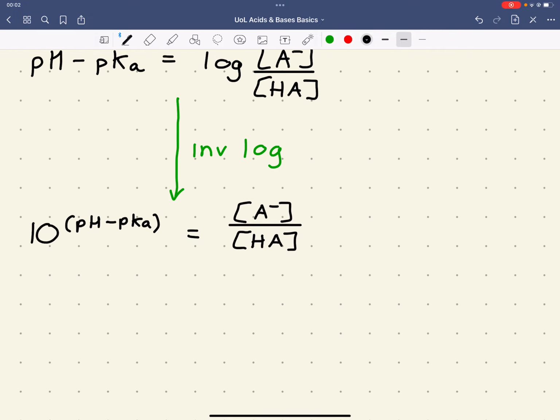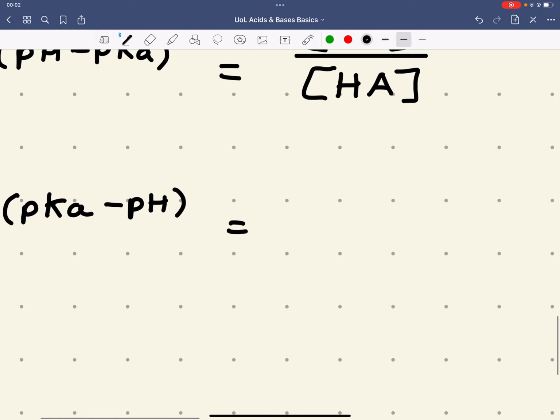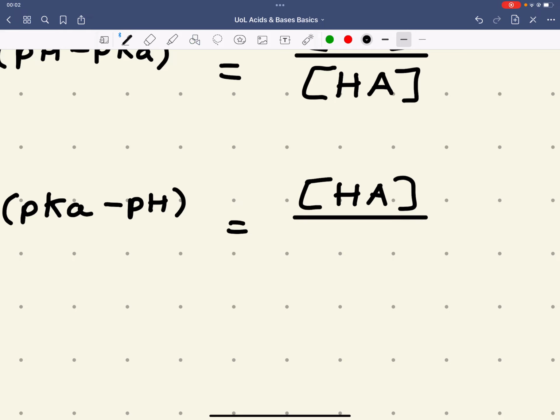Now I'm going to rewrite this. I'm going to swap these two around. And if I swap those two around, log rules dictate that I need to swap those two around as well. So that then gives me 10 to the pKa minus pH. That's now equal to the concentration of HA over the concentration of A minus.